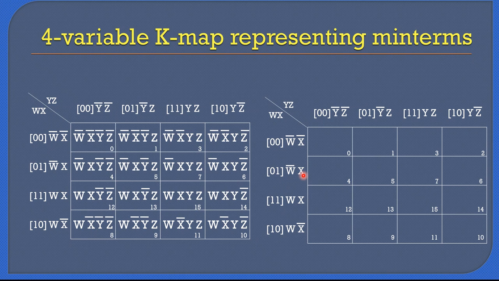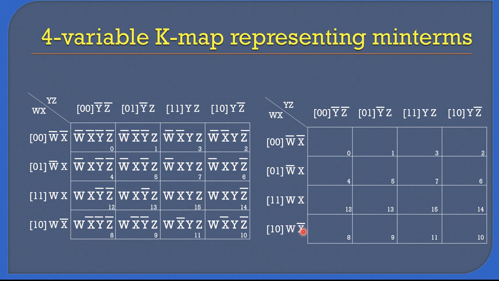Same way, when you move on to the next one, you can see 1 1. That means w' has changed its state to w, but x remains the same. Next row, you can see w is the same and x changes its state.